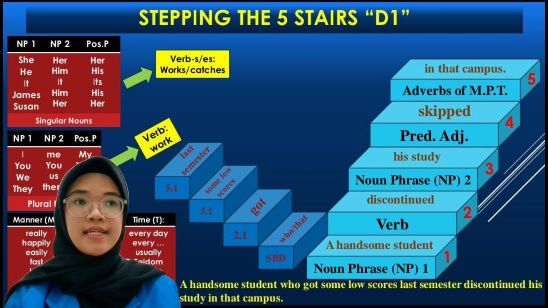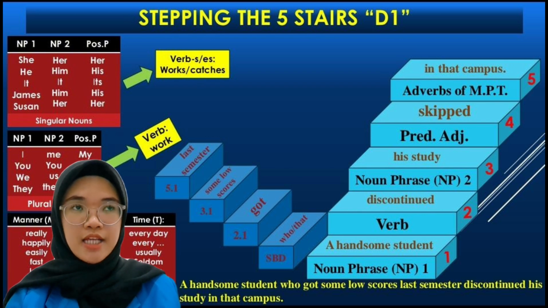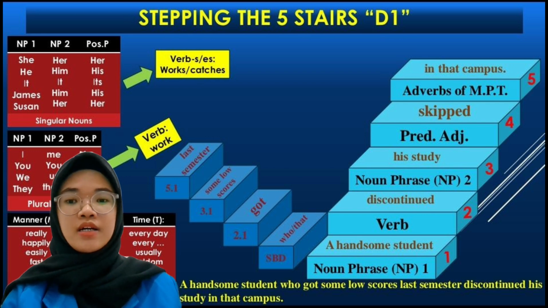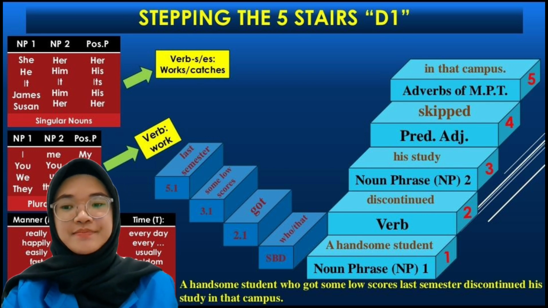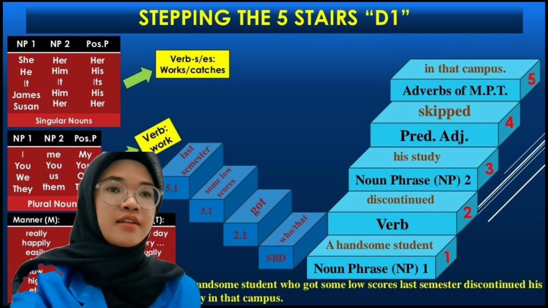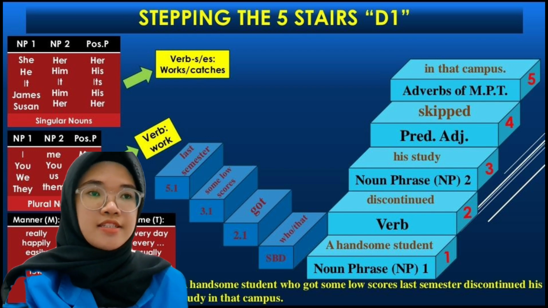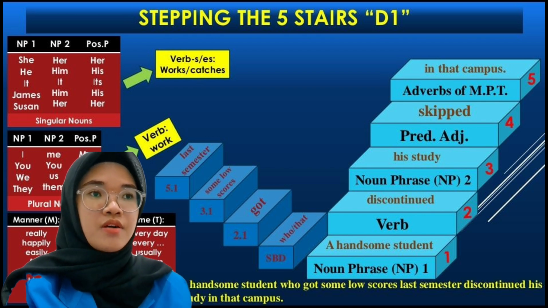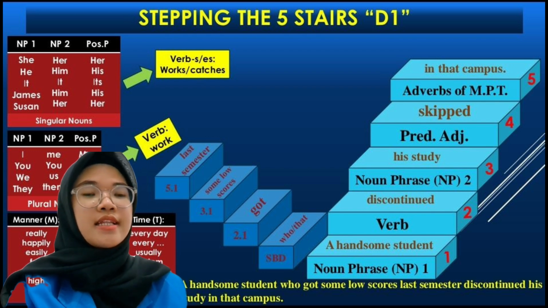We can see the PowerPoint because I chose it as the example for my explanation of Stepping the 5 Stairs. For the first, we can look at the sentence: a handsome student who got some low scores last semester discontinued his study in the campus.